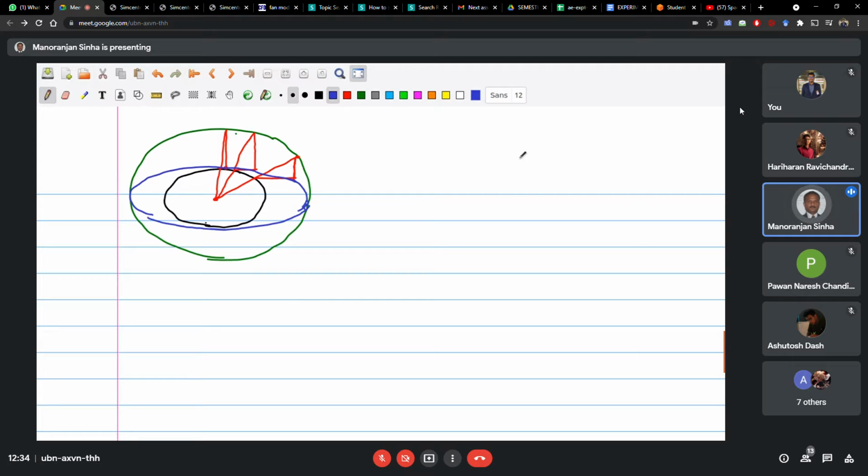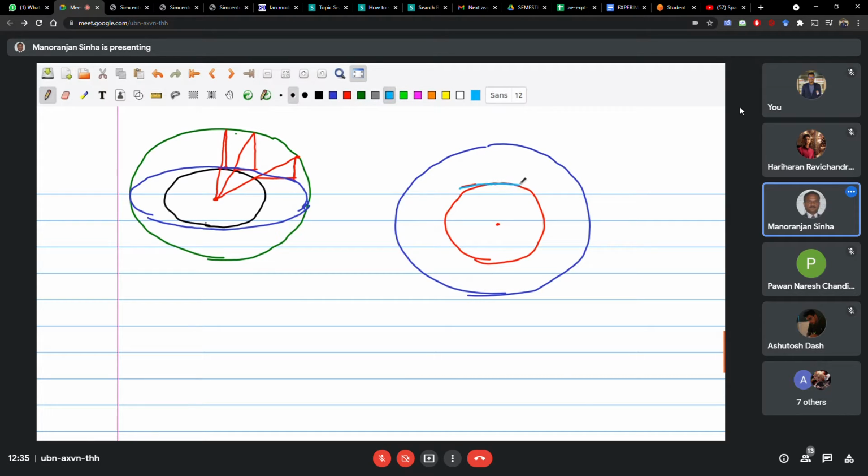And you will find some interesting properties in this. So once you have drawn the ellipse, this is the center of the ellipse.